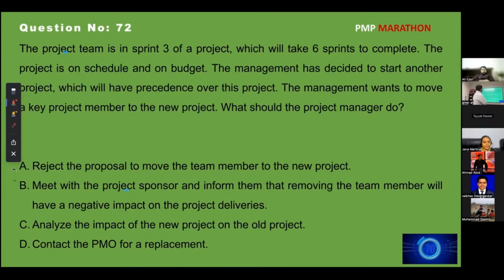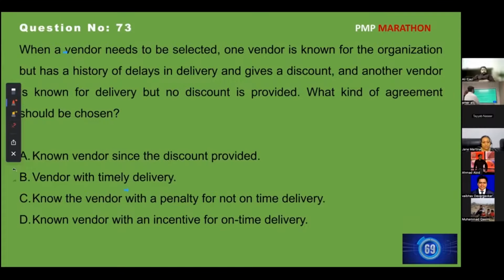The project team is in sprint 3 of the project. The project is on schedule and on budget. The management has decided to start another project, which will have precedence over this project. Analyze C. Okay, when a vendor needs to be selected, one vendor is known for the organization.